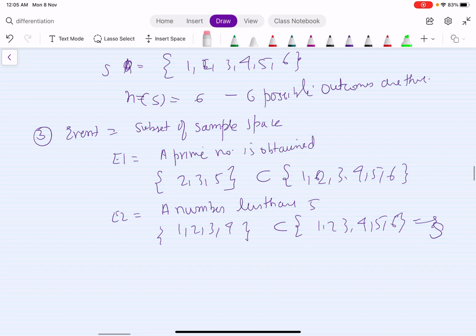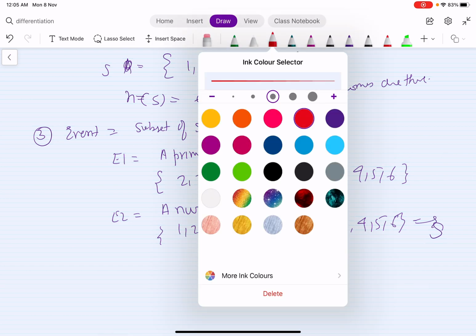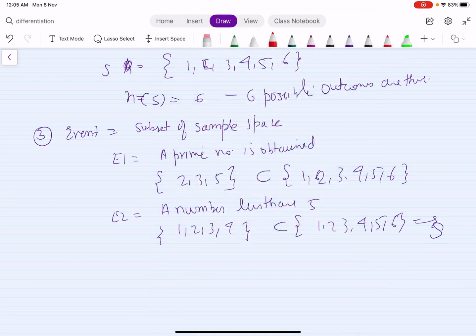In events, we have talked about certain special categories also. The first type of event we have understood is disjoint events, which are also mutually exclusive.